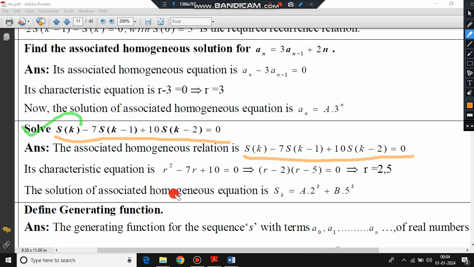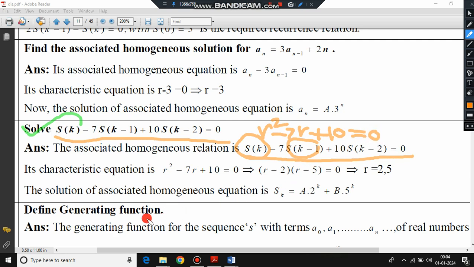The second step is that in the place of s_k you put r squared, in the place of s_(k-1) you write r, keeping the coefficients, and in the place of s_(k-2) you put 1, equals 0.